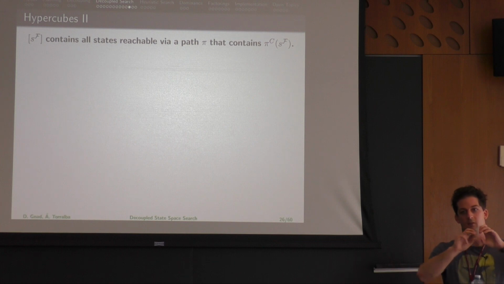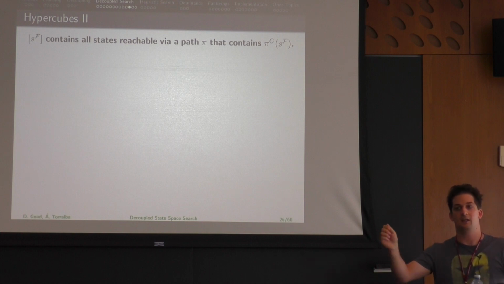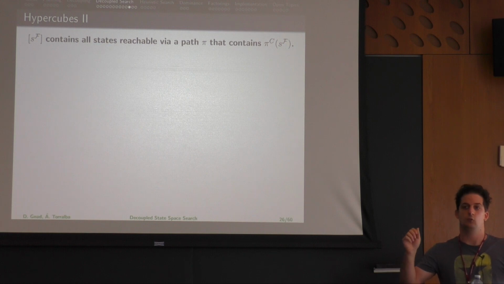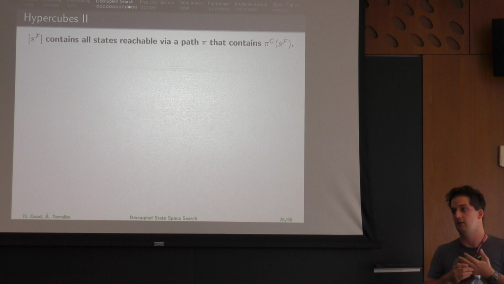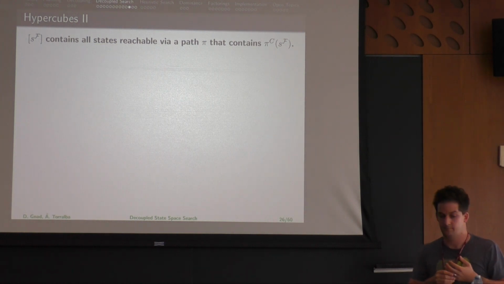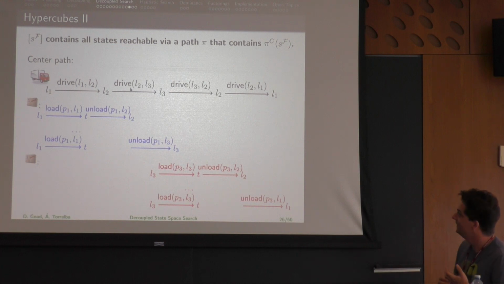So given a sequence of drive actions, the hypercube, or the set of all member states of the decoupled state at the end, is identical to all explicit states that can be reached on any path that contains this center action subsequence, and then extended by any combination of leaf actions.